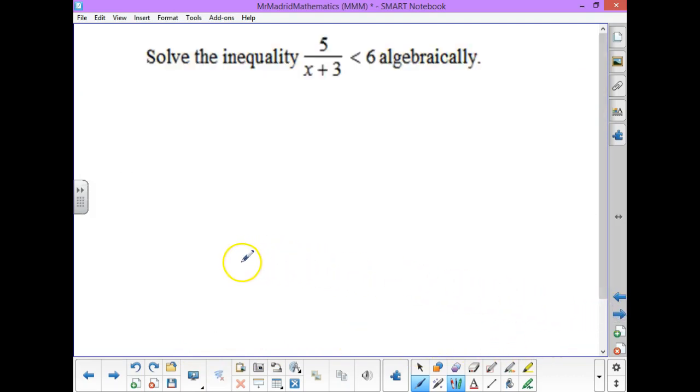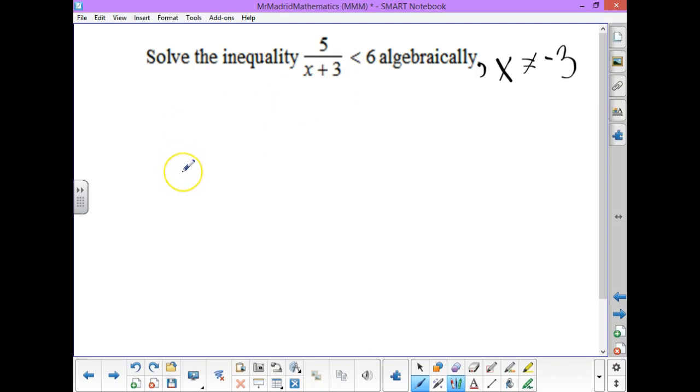And the next problem, once again, solve the inequality algebraically. This time I'm going to get a jump and immediately declare what value is not legal, what would make this undefined: x cannot equal -3. You can set it equal to 0 and solve it, we'd get the same answer.